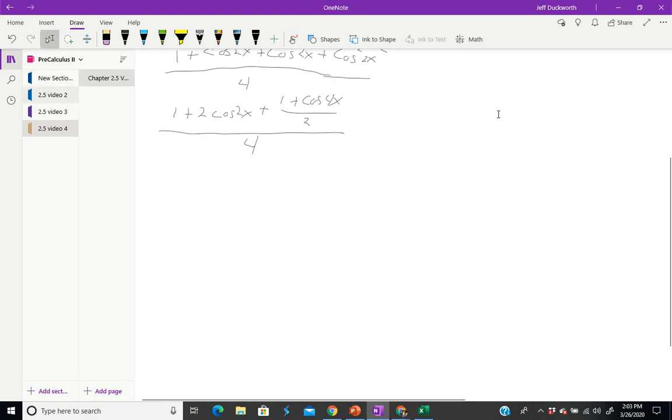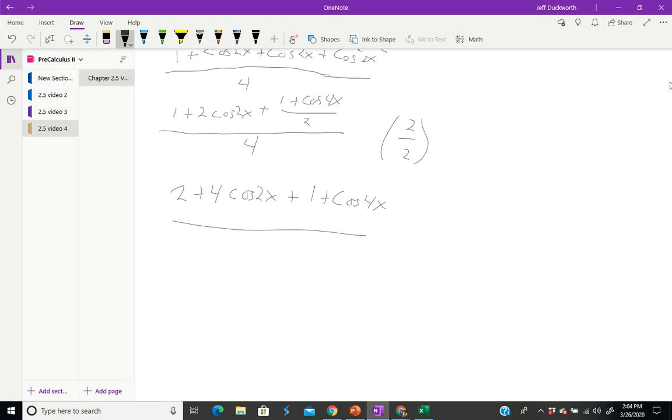So if I multiply through by 2, we have 2 plus 4 cosine of 2x. And since now the 2's cancel, what I'm doing is multiplying by 2 over 2, we're left with 1 plus cosine of 4x. And all of this will be over 4 times 2, which is 8.